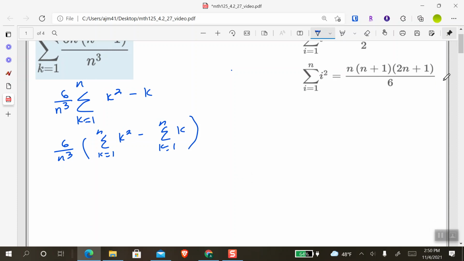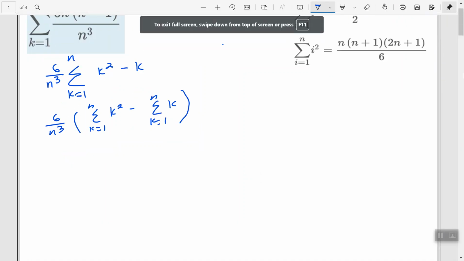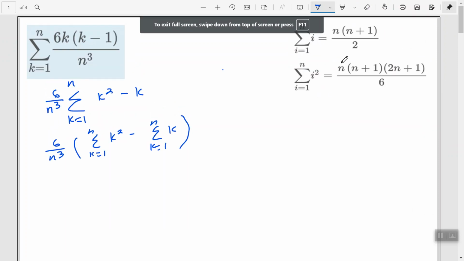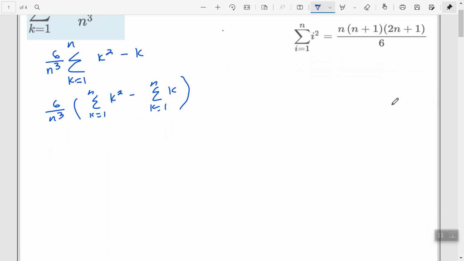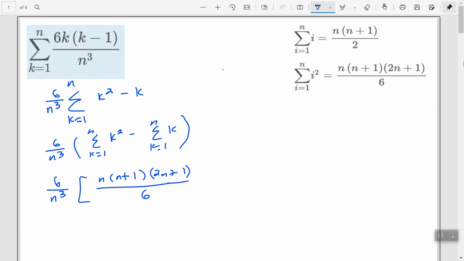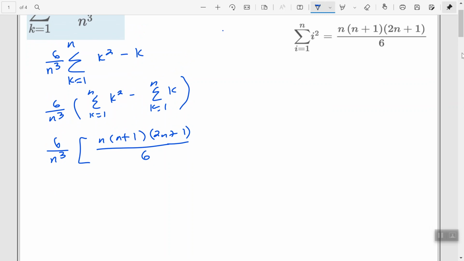And then from there I would use the summation formulas here. So for k squared, we have n times n plus 1 times 2n plus 1 all over 6. And then for the summation of k, we would have n times n plus 1 over 2.